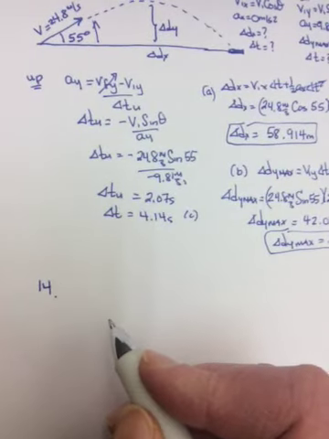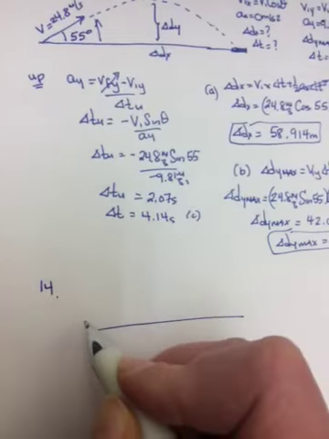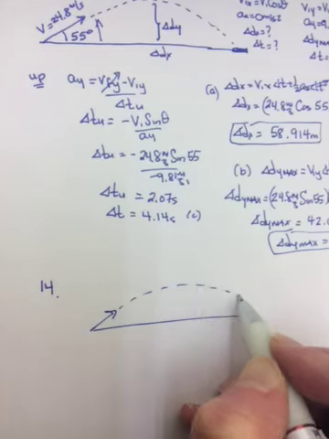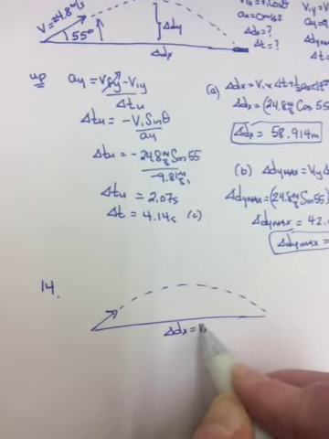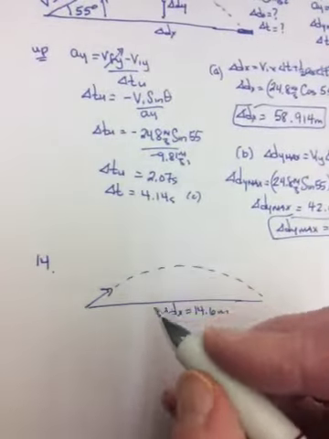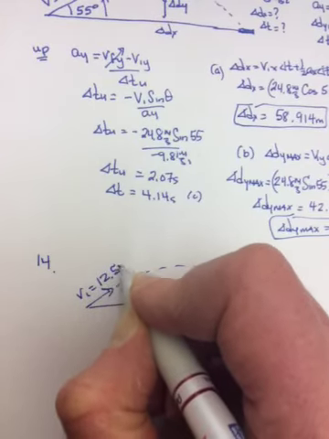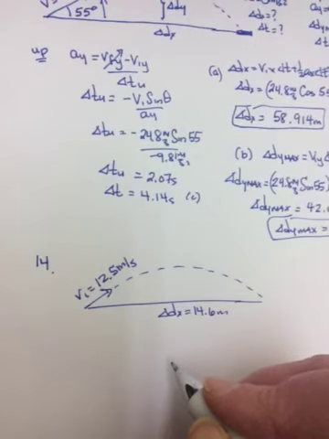Number 14 is shooting a stone with a slingshot and hitting a target on the ground 14.6 meters away. So you start on the ground, and it ends back up on the ground, and delta dx is 14.6 meters. You give it a launch velocity of 12.5 meters per second, and neglecting friction, what must be the angle?